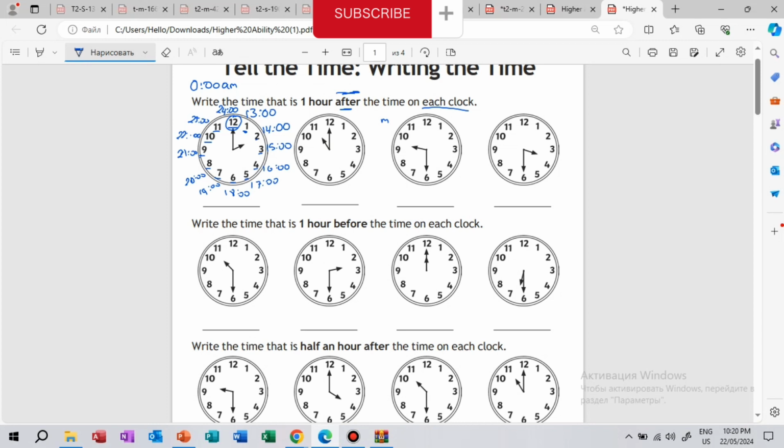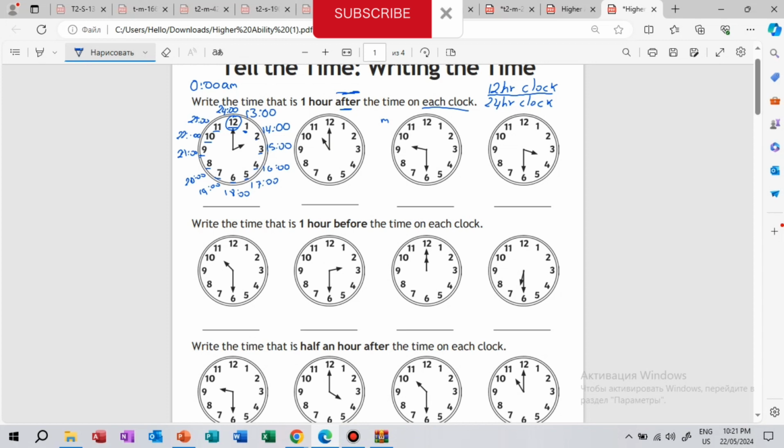Okay? So this is the difference between a 12-hour clock and a 24-hour clock. Always look at the question. Sometimes it tells you to put on a 12-hour clock.